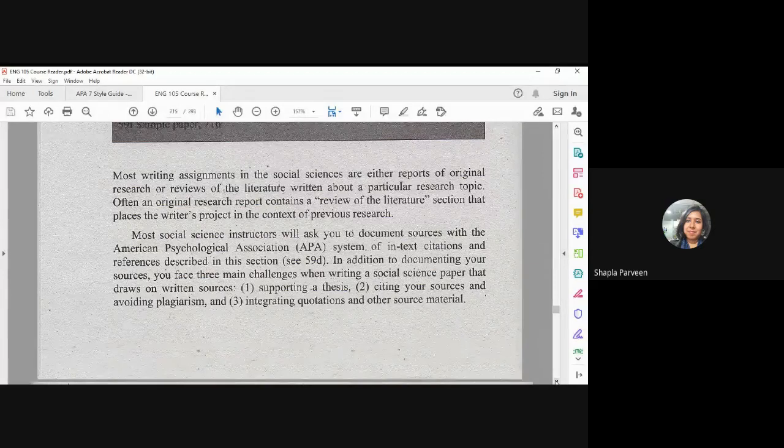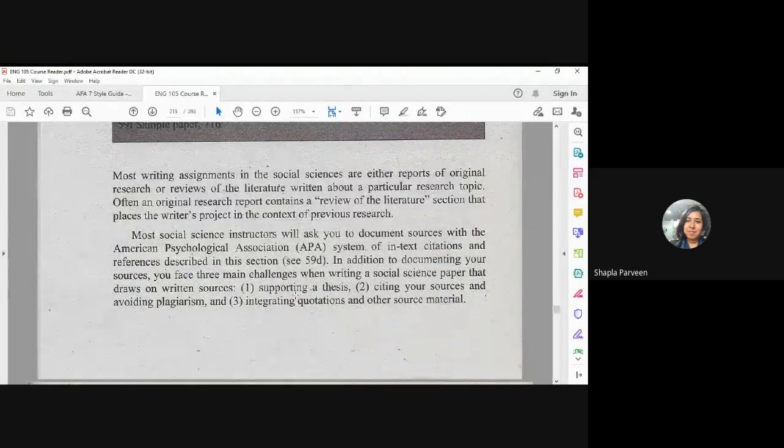All right, so from here, why do we need to follow these rules? As I mentioned, APA stands for American Psychological Association. MLA is another set of rules that stands for Modern Language Association.